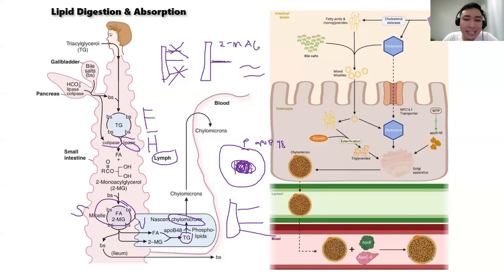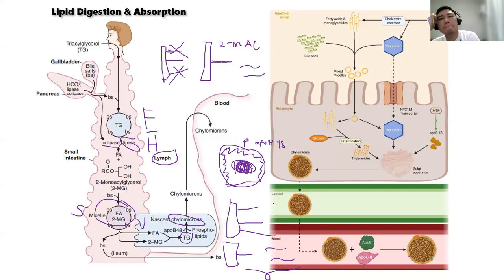Kasi kung hindi natin yan ginawang triacylglycerol ulit, for example, iniwan natin siya as 2 monoacylglycerol and free fatty acids, these are not as nonpolar as your triacylglyceride. And kung hindi sila ganun ka-nonpolar, pwede yang magpunta sa periphery. And kung magpunta sa periphery ng chylomicron, yung mga free fatty acids mo, then there is a chance na ma-detach sila from the chylomicron and they will not be able to reach their destination.